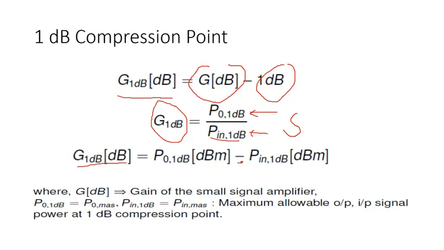That is, the output power in dBm minus the input power in dBm. Both these powers are present at the 1 dB point. So output power at 1 dB point minus input power at 1 dB point.